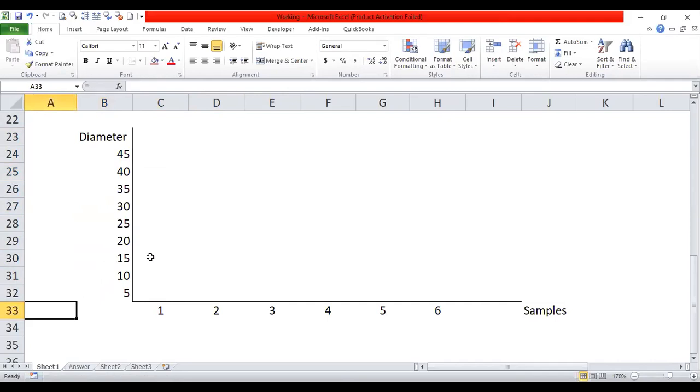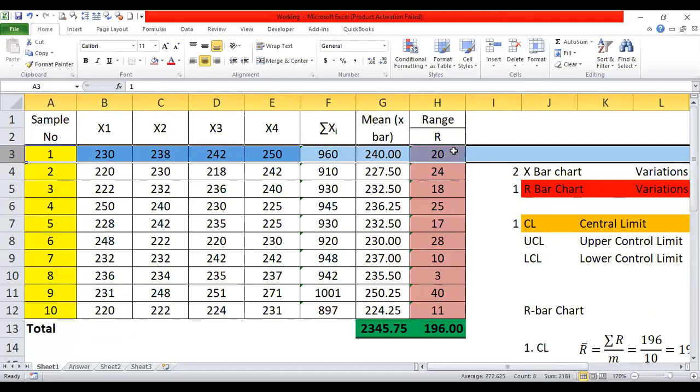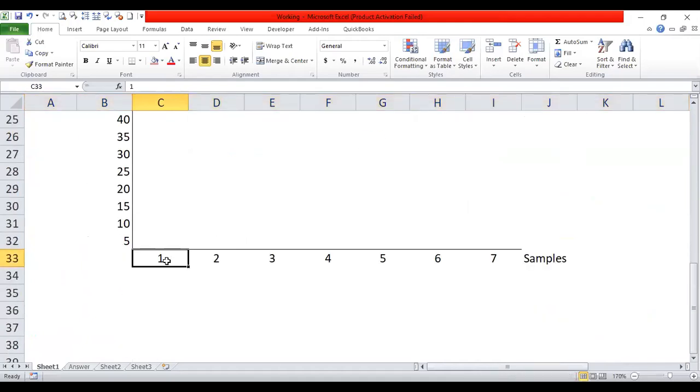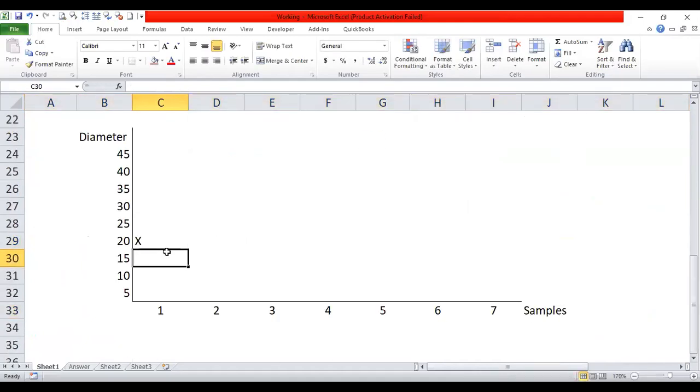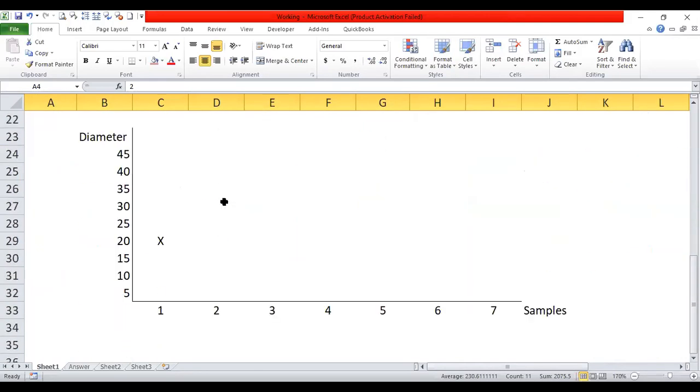So after you have drawn this, now you have to plot the points. So for example, our sample 1 range is 20. So we have to plot 20 there, a dot or a circle or a streak, whatever. Then sample 2, the range is 24. So that you can plot here, somewhere here it will come, 24.